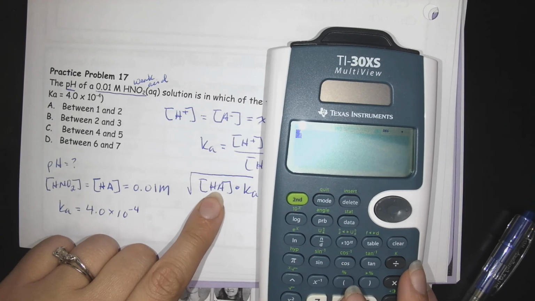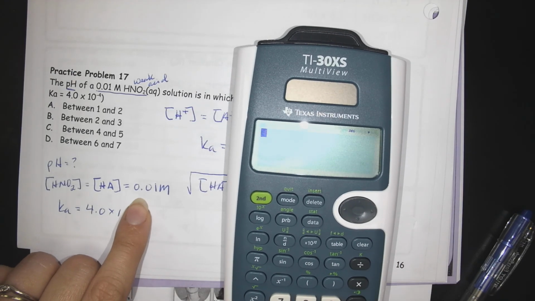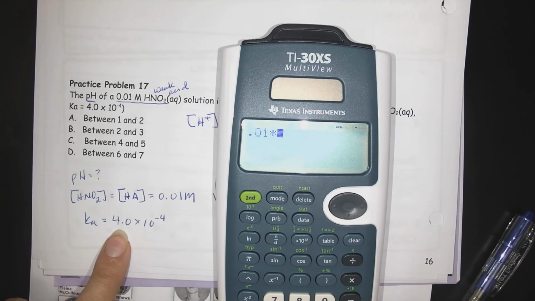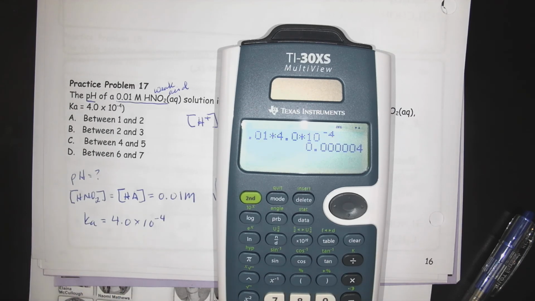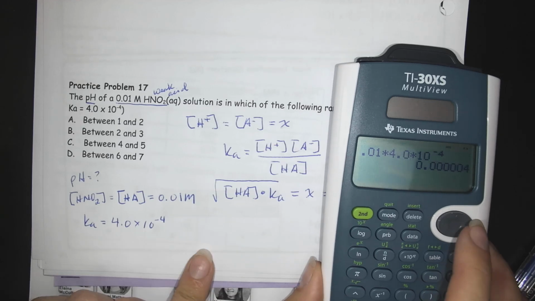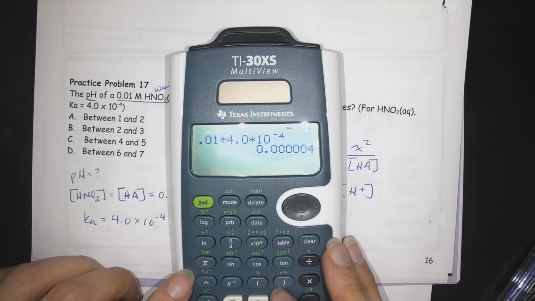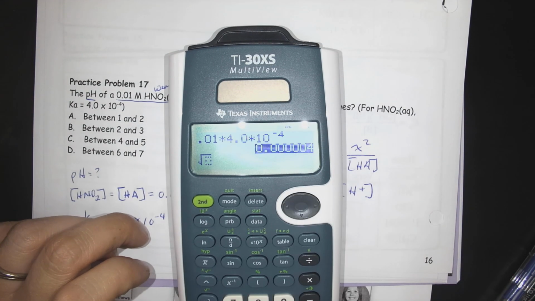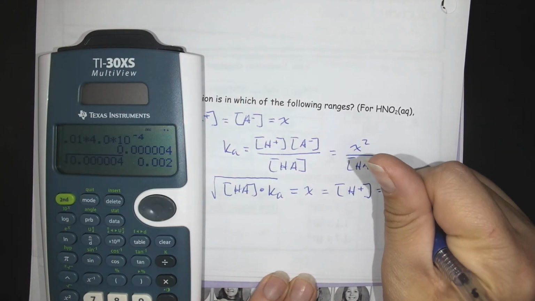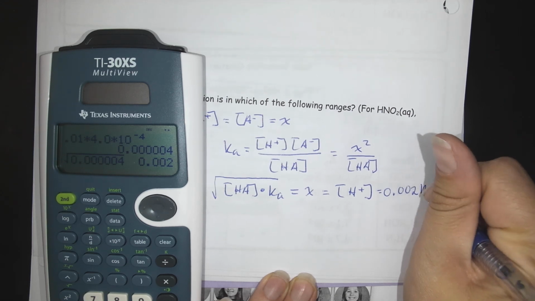The weak acid had a concentration of 0.01, and I'm going to multiply that by Ka, which was 4 times 10 to the negative 4. That's what we get when we multiply those values. But we need to take the square root of that. So the square root of this gives a concentration of H plus of 0.002 molarity.